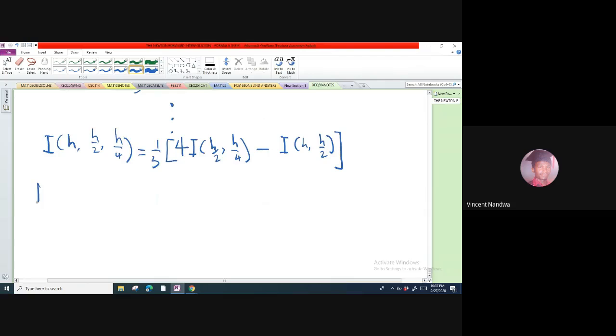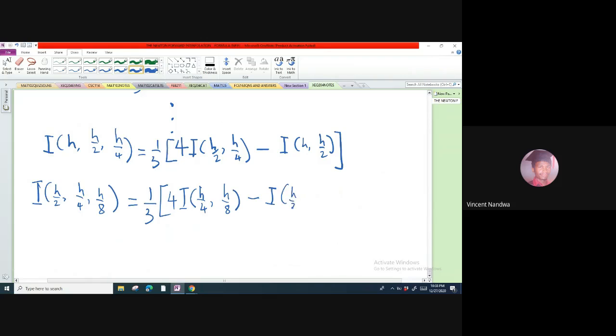I of h over 2 comma h over 4 comma h over 8 is given by a third into 4I of h over 4 comma h over 8 minus I of h over 2 comma h over 4.